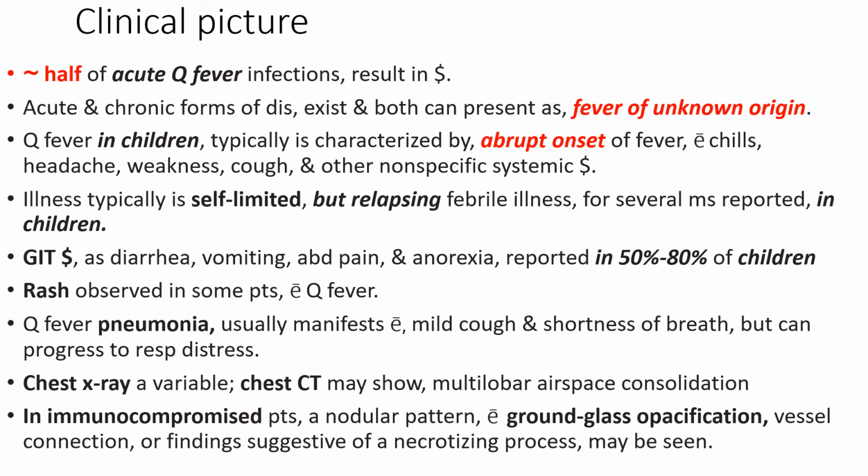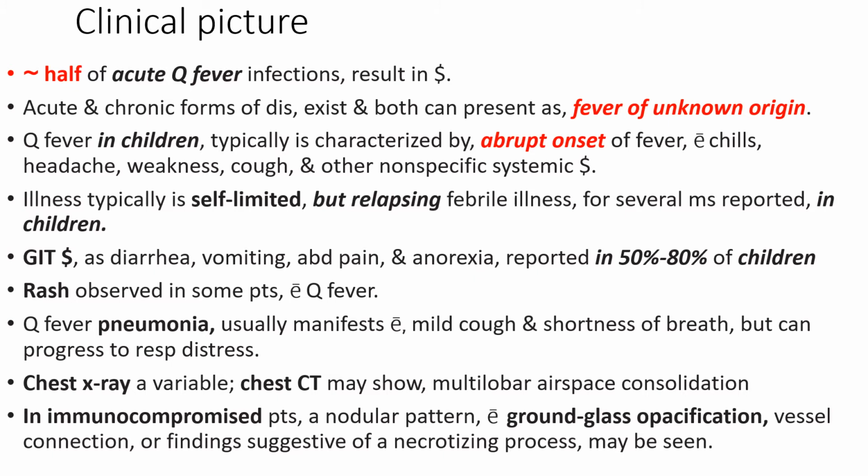GIT symptoms such as diarrhea, vomiting, abdominal pain, and anorexia are reported in up to 80% of children. A rash is observed in some patients with Q fever. Q fever pneumonia usually manifests with mild cough and shortness of breath, but can progress to respiratory distress. Chest X-ray is variable.